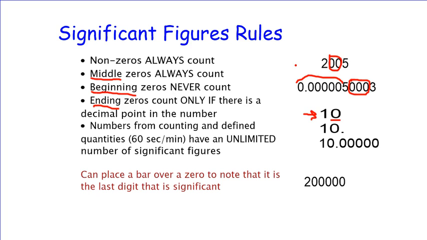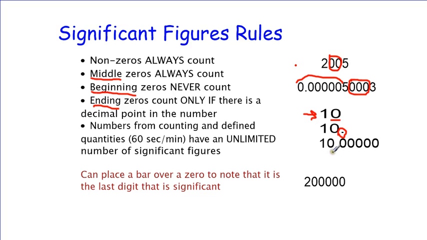This 10 would only have one significant figure. But if we look at the one below it, I've recorded a decimal point. Because there is now a decimal point in the number, that ending 0 is significant. So 10 without a decimal point only has one significant figure, but 10 with a decimal point has 2.